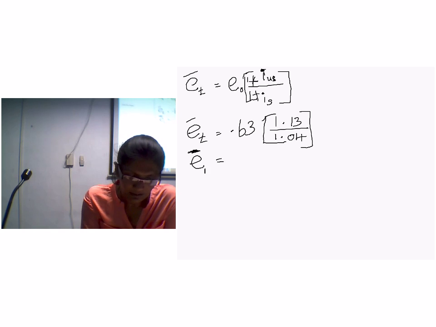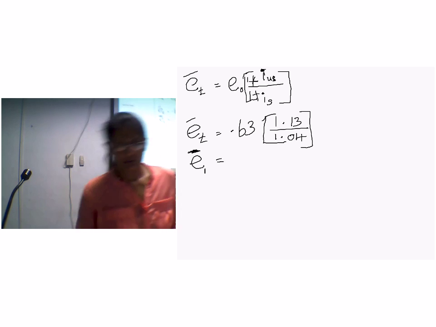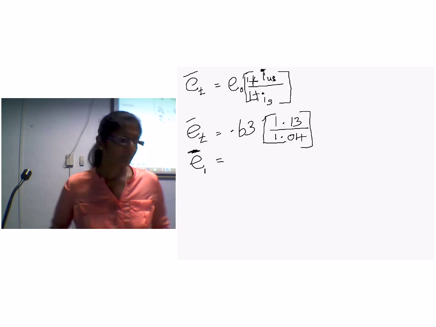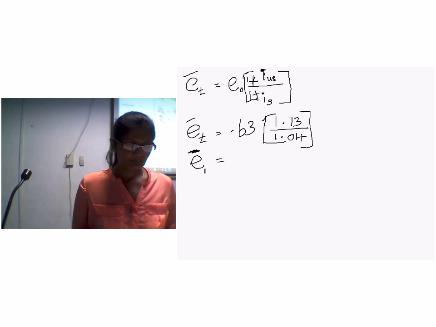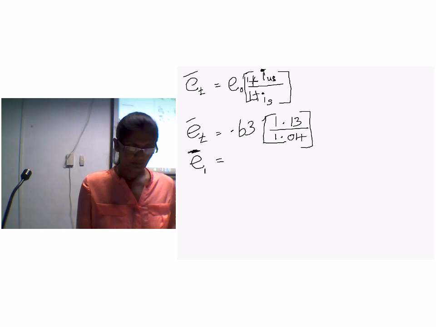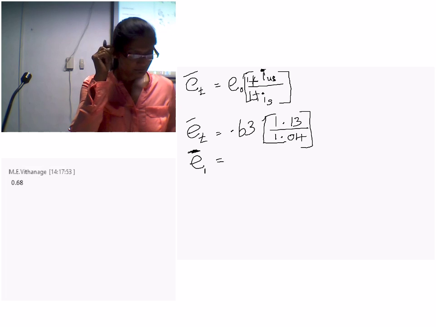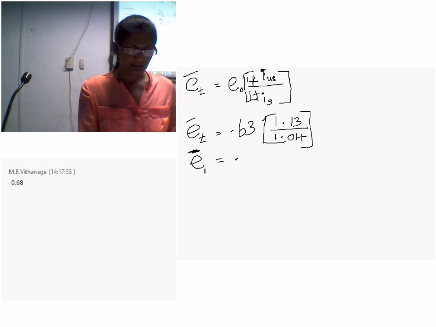E bar 1 is equal to 0.63 times 1.13 divided by 1.04. Have you calculated? Yes, it is 0.68, right?